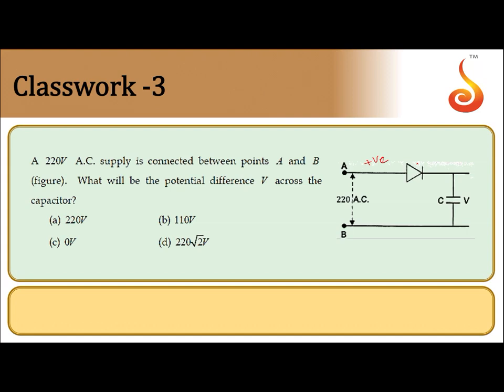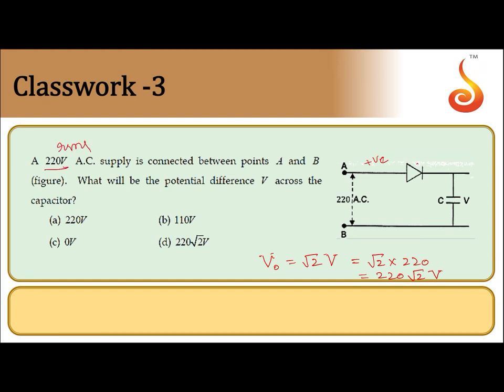So peak voltage of AC is V0 equal to root 2 times V, that is equal to root 2 times 220, that is equal to 220 root 2 volt. So this value given is RMS.